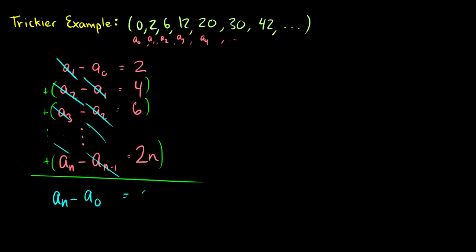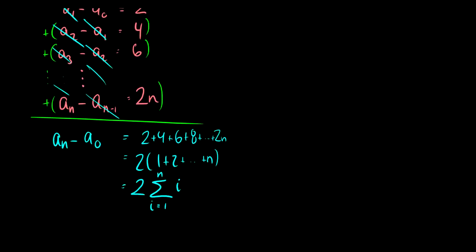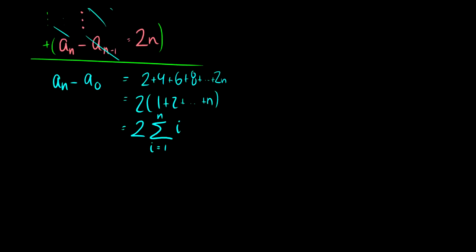And this is going to be equal to 2 plus 4 plus 6 plus 8 all the way up to plus 2n, which we can just factor out a 2, and then we get 1 plus 2 plus all the way up to plus n, which we can write as 2 times the sum from i equals 1 to n of i. And if you remember this formula from a calculus course, I don't expect you to know the formula for any exam or test questions that I have on my website.